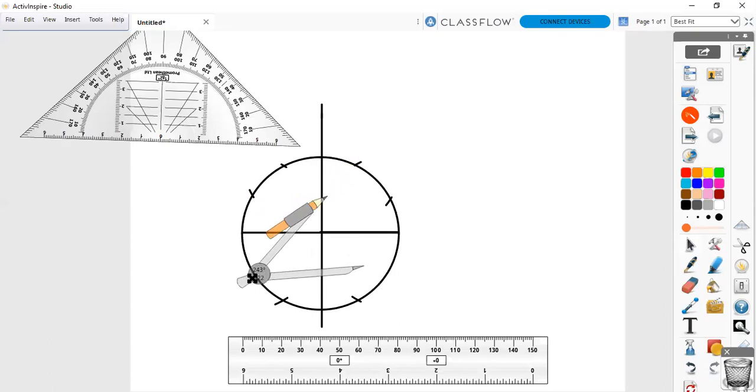Now keep this compass center as the lower point. Rotate your compass in such a way that it will take one more arc somewhere over here, and in the left hand side there is one arc like this.